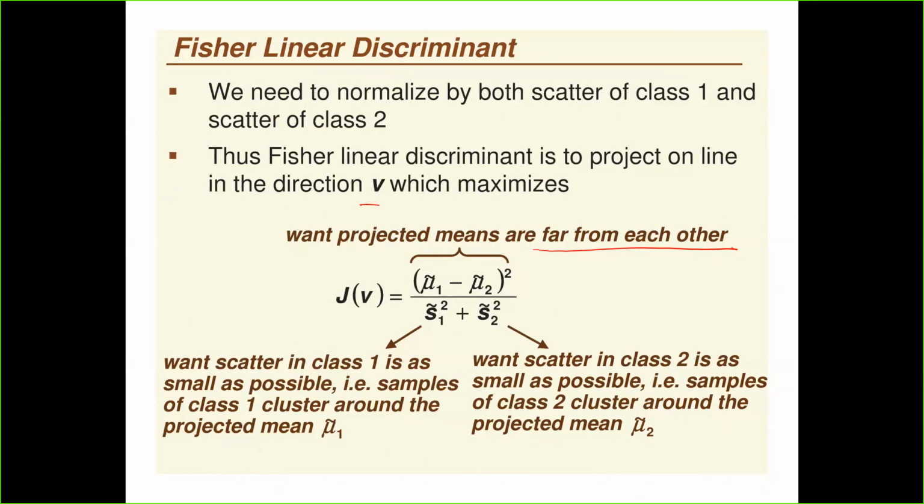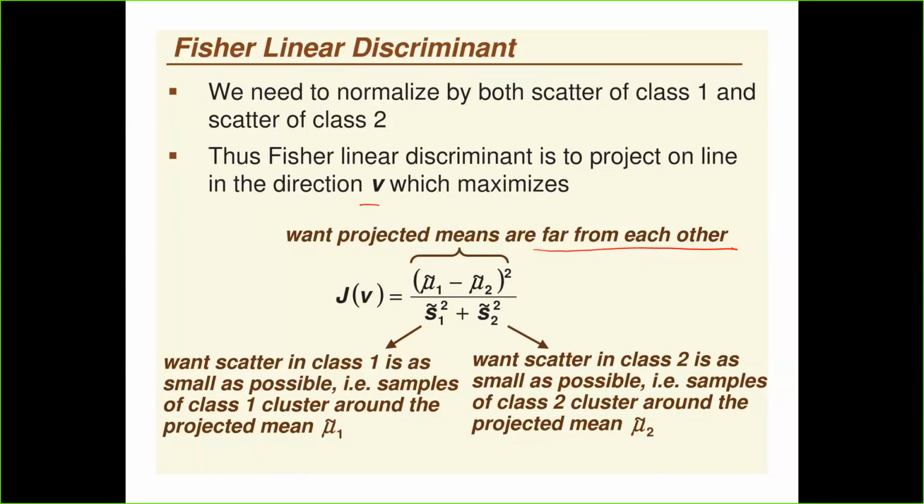So we want the points in the projected space spread around their mean only, within a small distance. It means we have to learn this line direction V where the centroids are well separated and the scatters are minimized. So this is what our objective is.